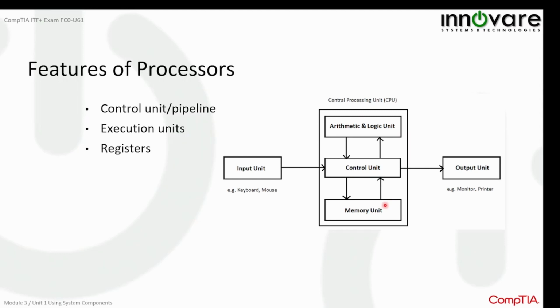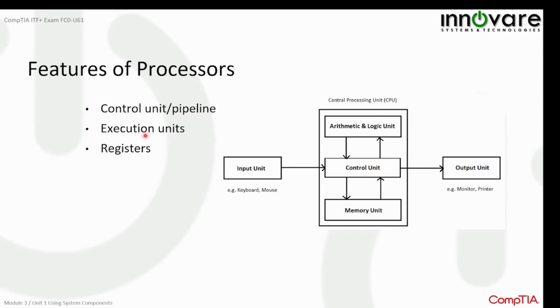So remember its features: there is a control unit which receives the signals coming from the input devices, and it processes them for certain operations, and then it saves or stores them in the registers, and then retrieves them again for execution or for delivery as an output signal, output data, again for a monitor or printer. That is the overall summary to understand how a processor works by thinking about these features.